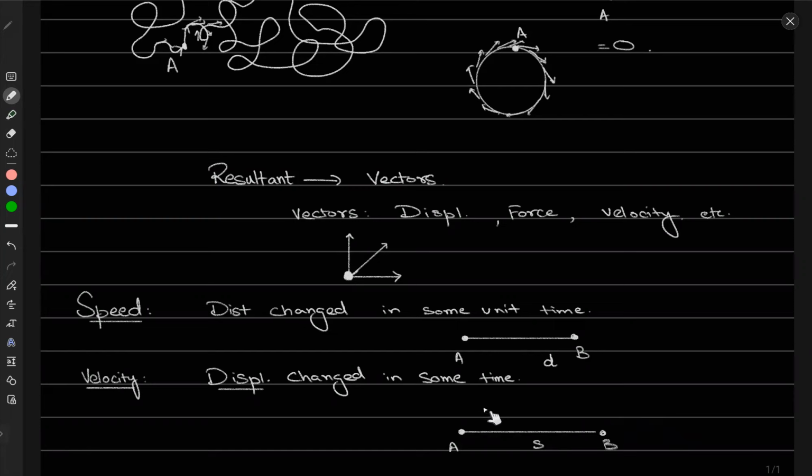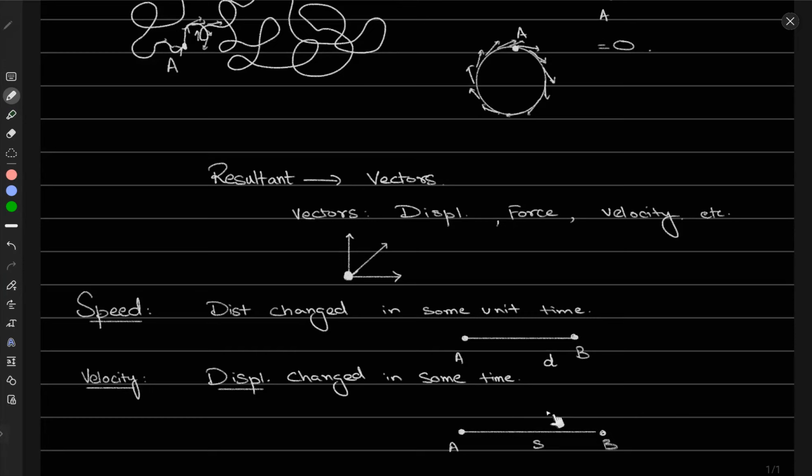So if we care about the increase or decrease in distance, then I need to know where B is moving. Is it moving to the right or is it moving to the left, right?